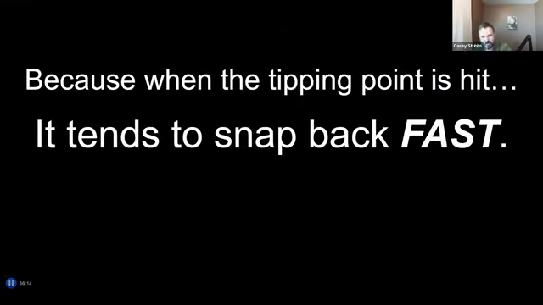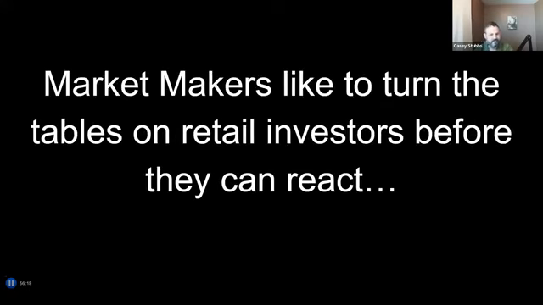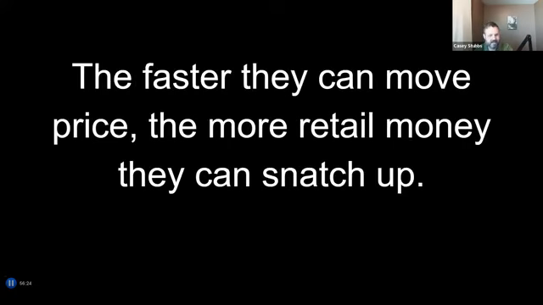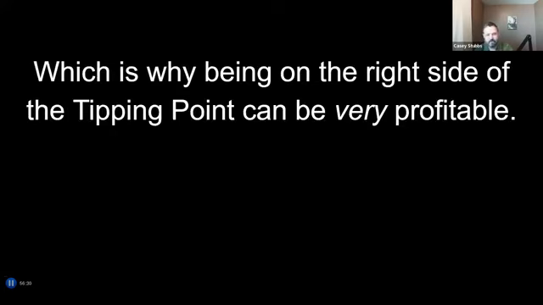Because when the tipping point is hit, it tends to snap back fast. Market makers like to turn the tables on retail investors before they can react. The faster they can move price, the more retail money they can snatch up, which is why being on the right side of the tipping point can be very profitable.